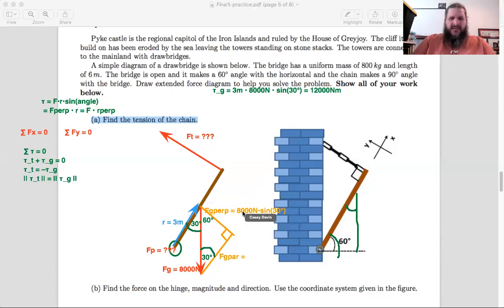So 8,000 newtons times sine 30. Also note that that matches up with the 8,000 newtons times sine 30 that we were doing earlier with just the r times f times sine theta definition of torque. So this is still going to get the same result.